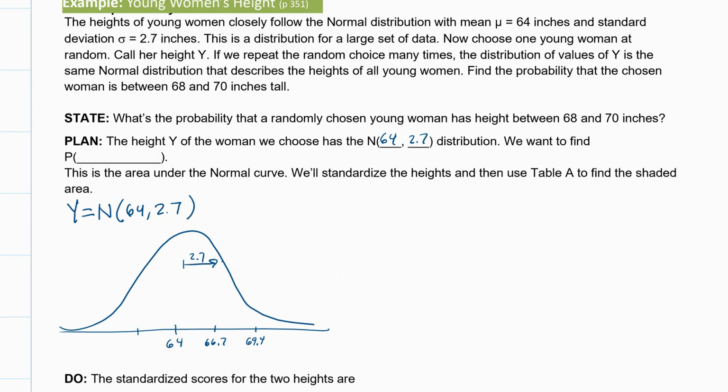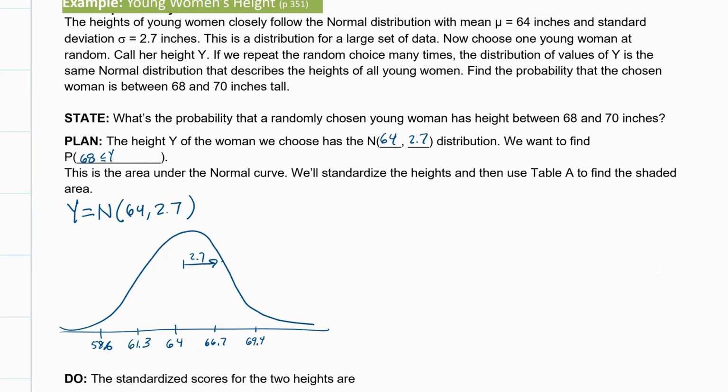If I go a standard deviation down, that's going to be 61.3, I think. And I go one more standard deviation down, and I think that's going to be like 58.6, right?